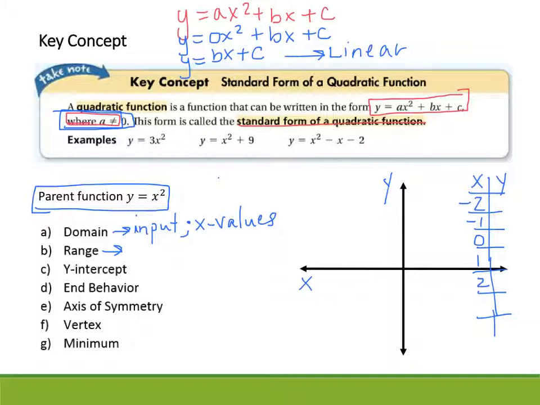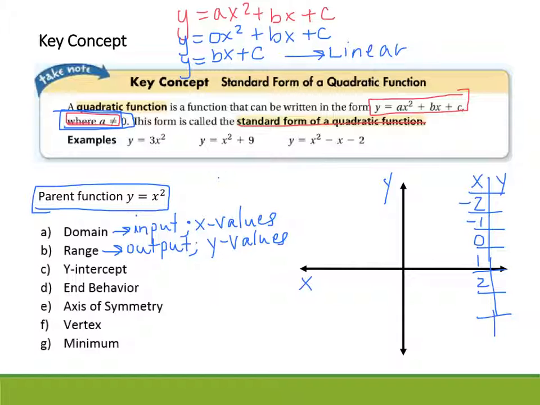These are going to be our output values. And in this case, those correspond to the y values. Now keep in mind, not all of our functions will have x and y as the two variables. So x and y is more generic. It can change. In the case of the problem we worked on the previous slide, our domain values were our t values, and our range values were our h values, or our heights.